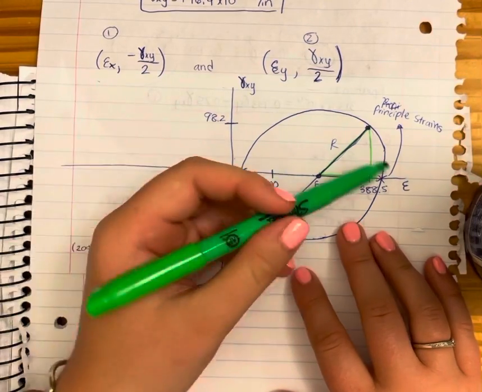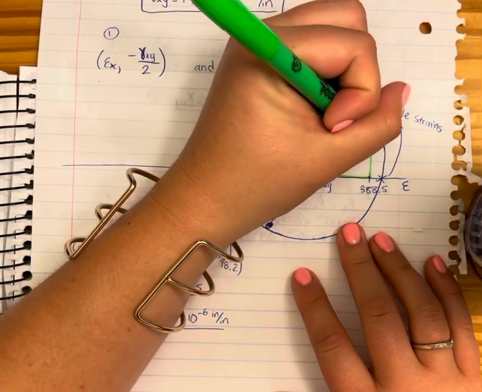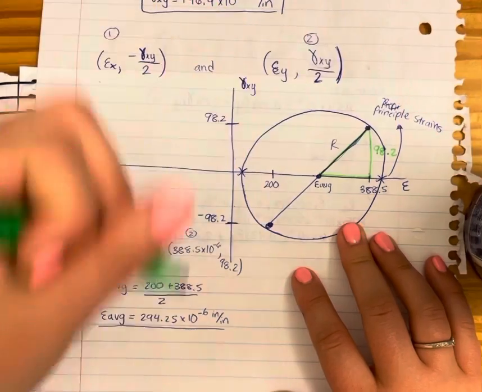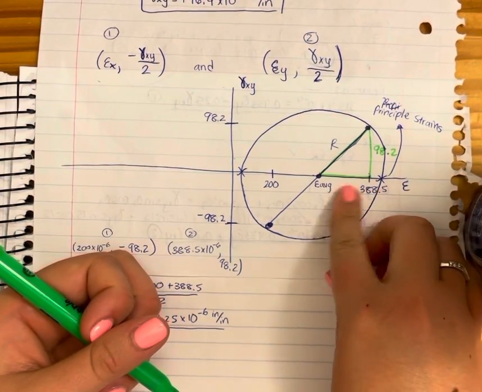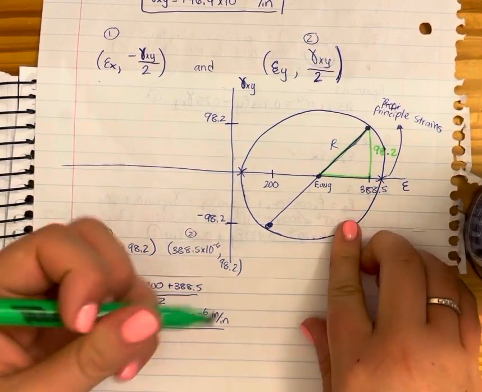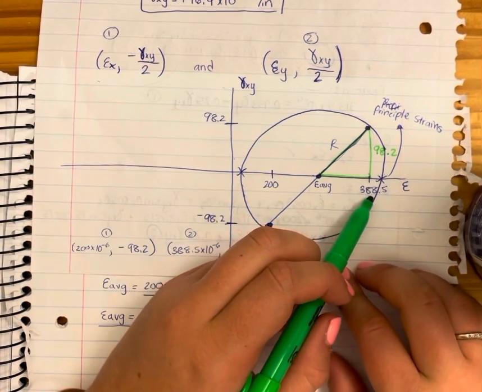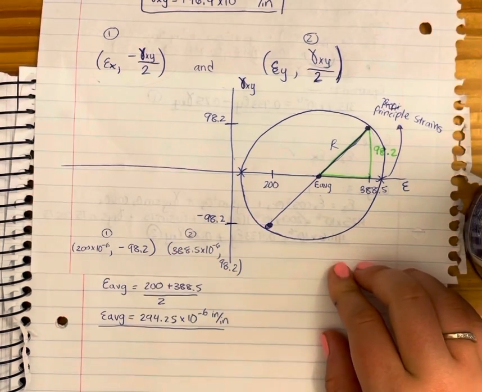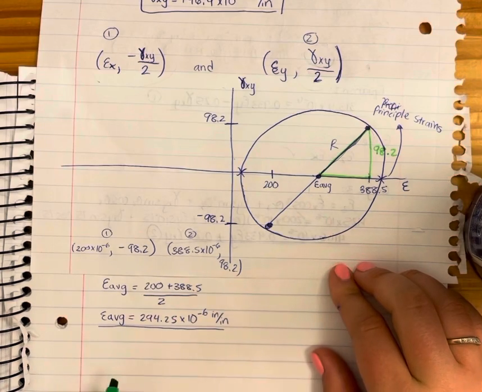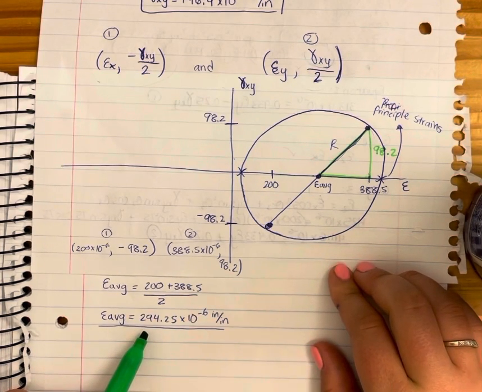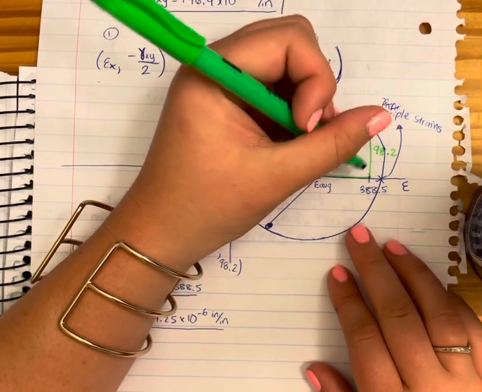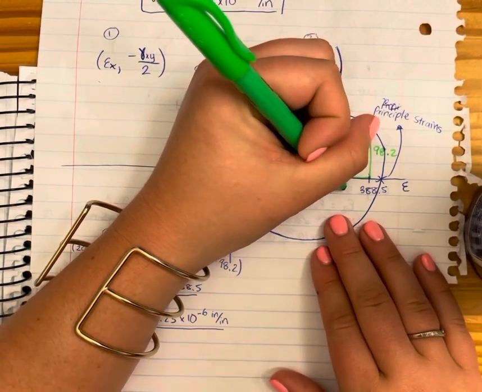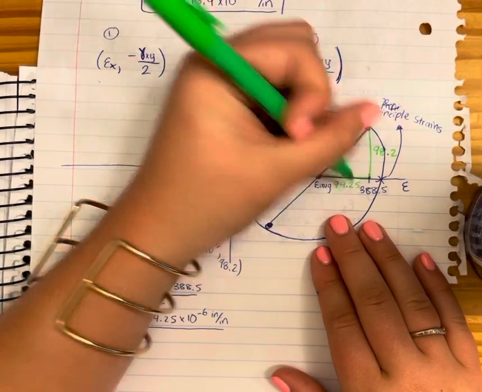We know the height right here is 98.2, and the length right here is 388.5 minus the average, 294.25, which equals 94.25.